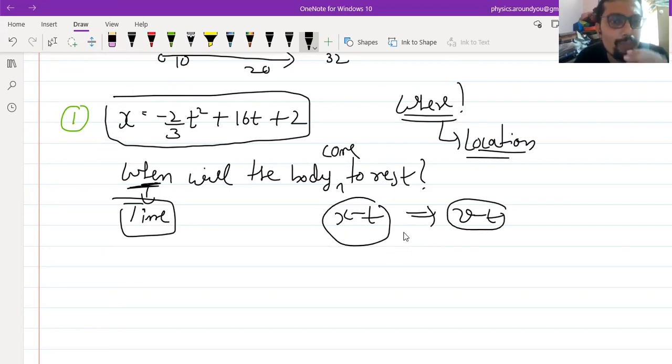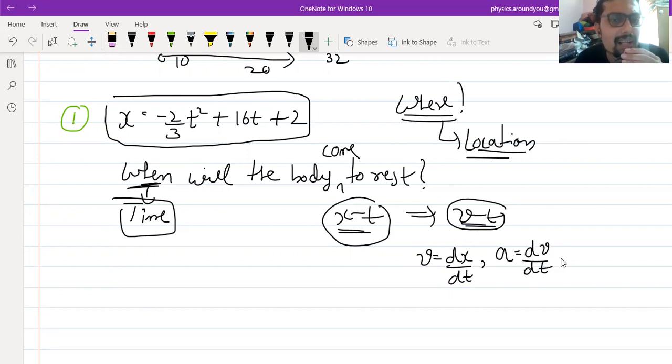What operation should I do such that from x-t I go to v-t? Recollect all the formulas. What is the first formula? v is given as dx by dt. Acceleration is given by dv by dt.